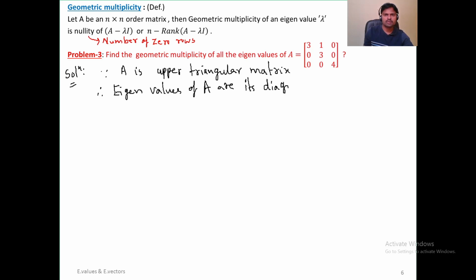So what are the diagonal entries here? 3, 3, 4.